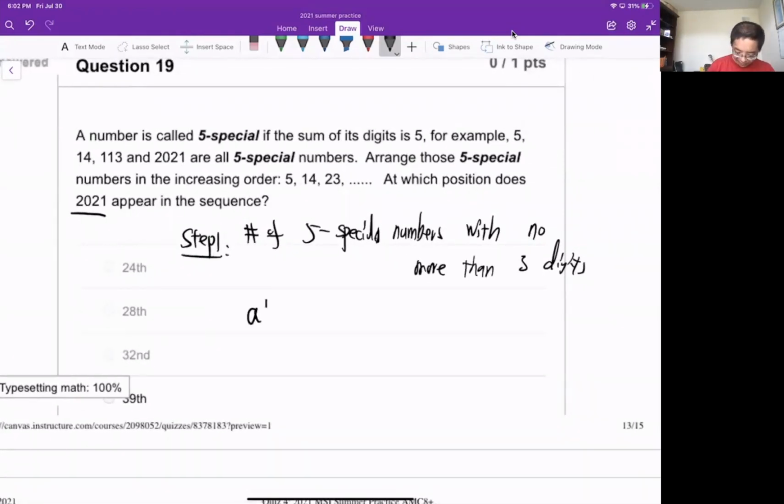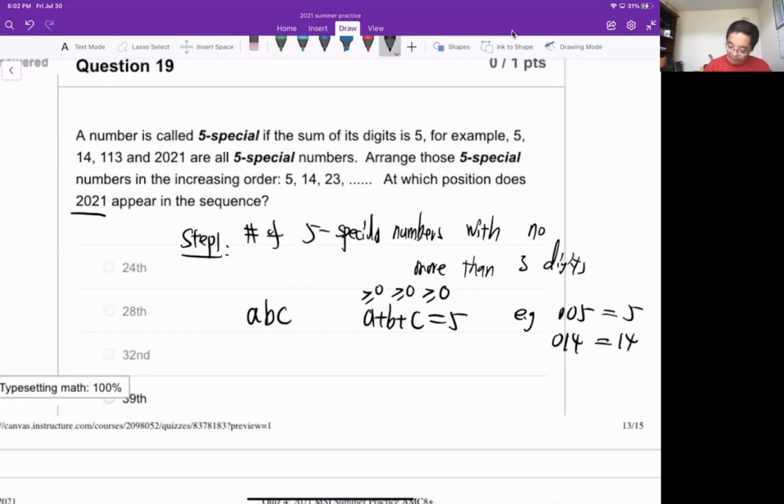This just means we have A, B, C, and A plus B plus C equals 5, because here we include both the 1-digit and 2-digit numbers. That means we allow A or B to be 0. For example, 0, 0, 5 will just be 5, and 0, 1, 4 should be 14, and 1, 2, 2 should be 122.